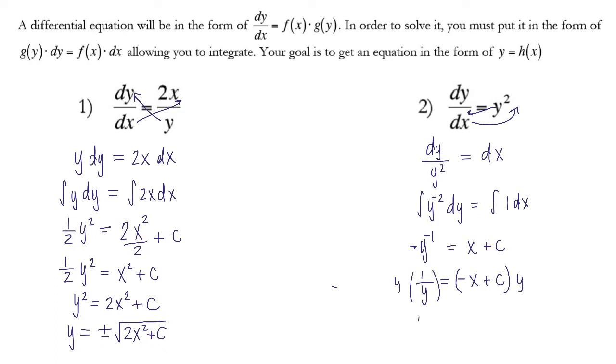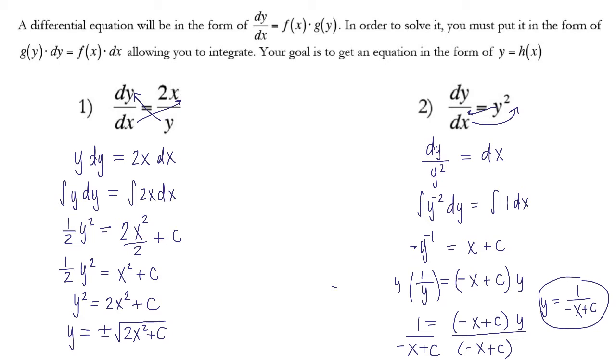So that's going to give me 1 equals the parentheses negative x plus c times y, but then we will go back and divide both sides by negative x plus c. And so we're going to be able to solve for y, and notice here we're going to end up with y equals 1 over negative x plus c. And that again is going to be as far as we can go with that problem.